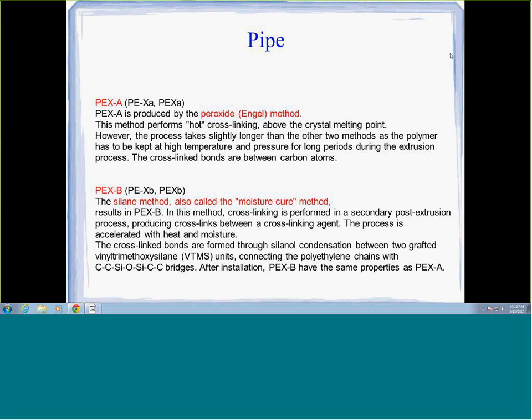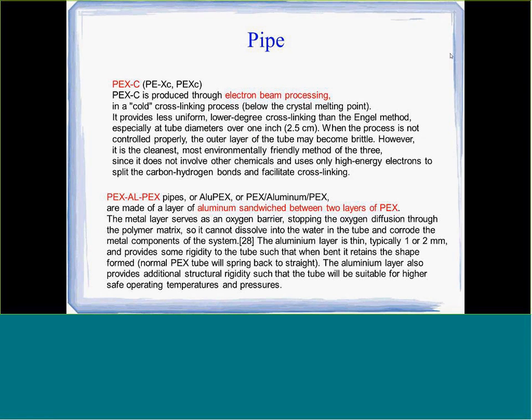It's heated up, and the heat and moisture, by adding the chemicals to it, causes the pipe to cross-link at the silanol condensation between the molecules. PEX C is a less common pipe.